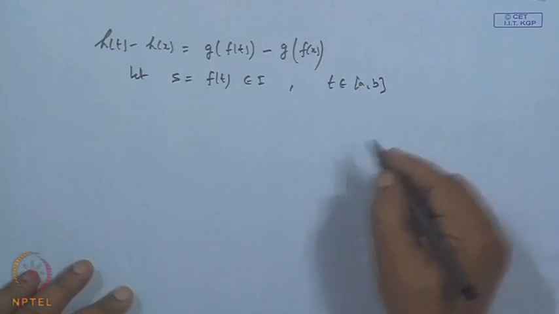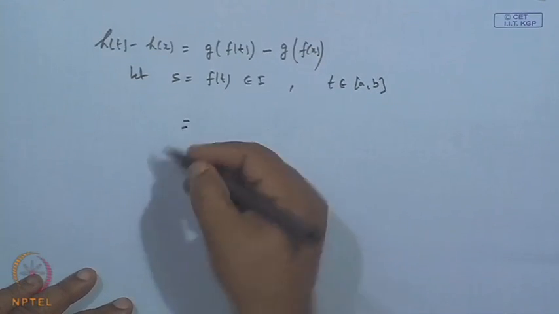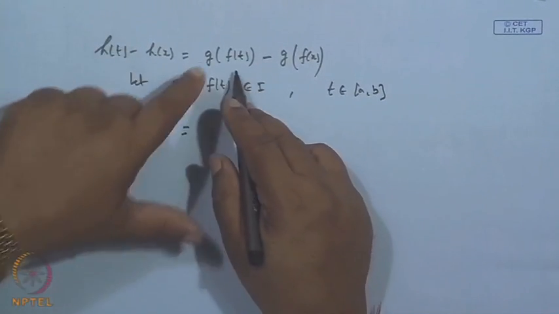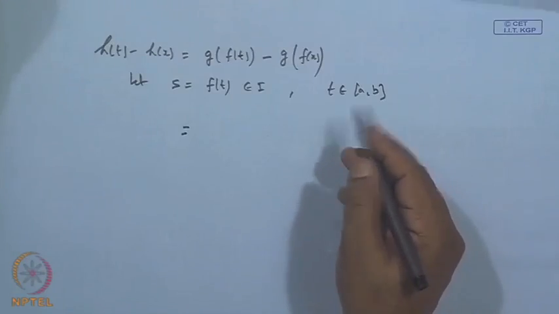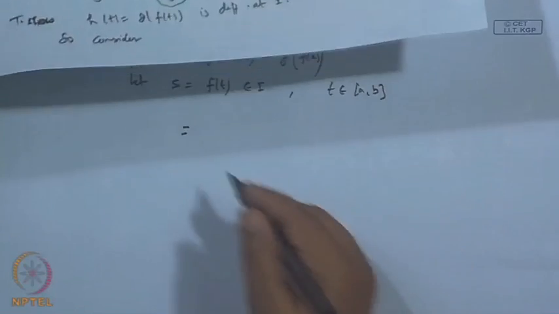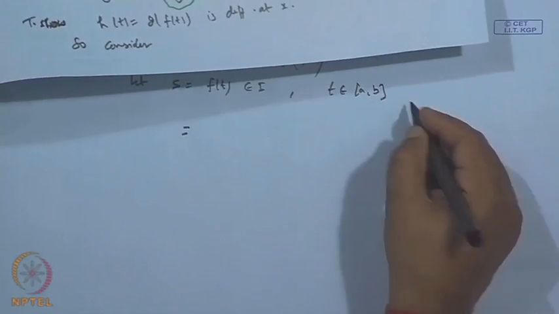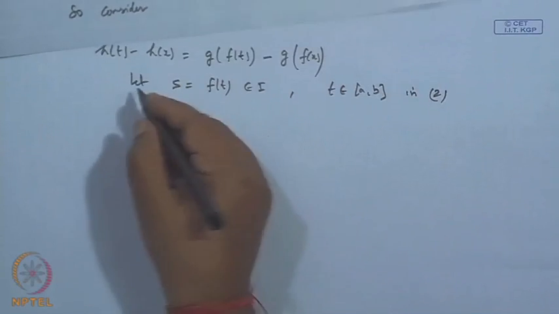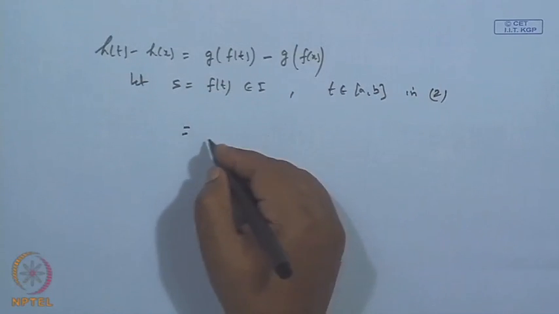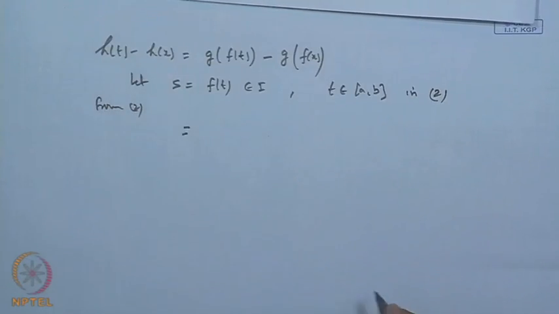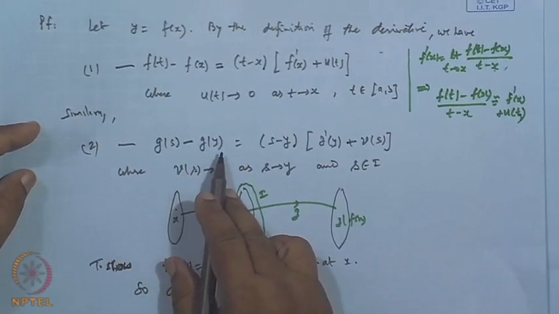When you replace s by f t, what you are getting is g of f t minus this. Now, let us see if I replace this in equation 2. From equation 2, what we get is g s minus g y.